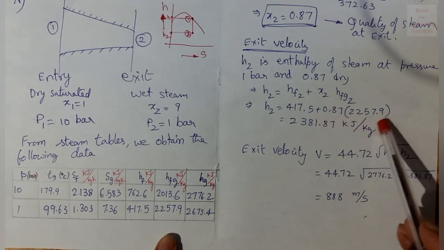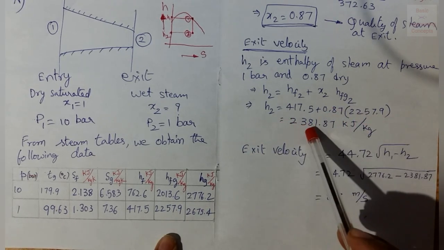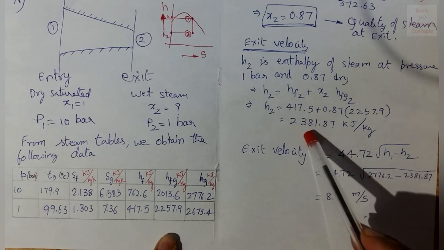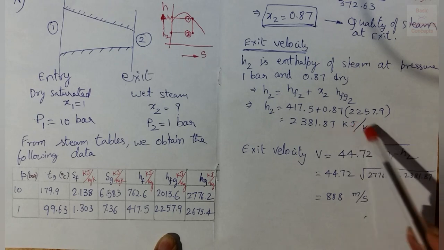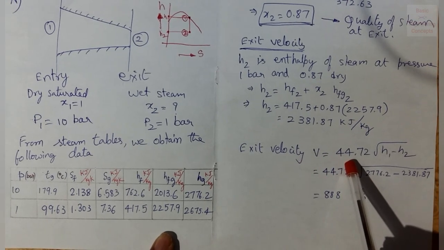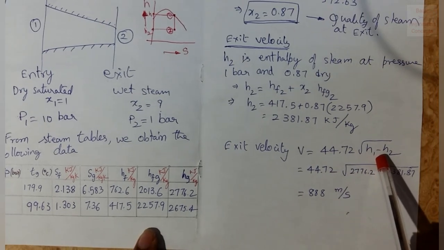So you will get H2 equal to 2381.87 kilojoule per kg.